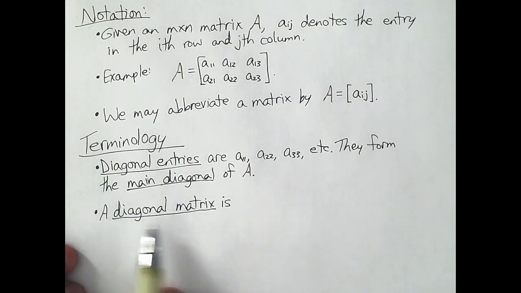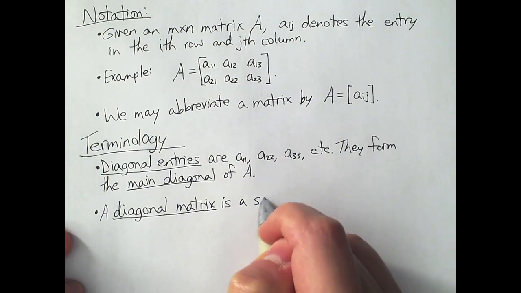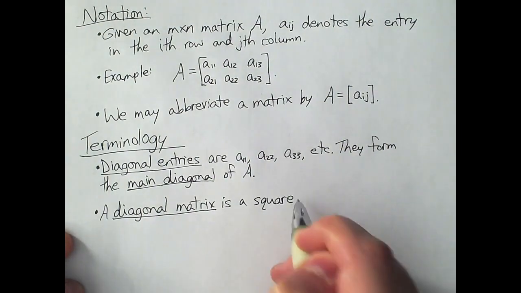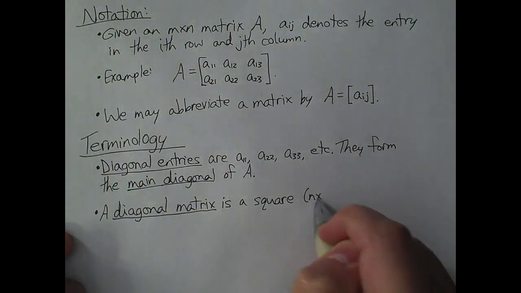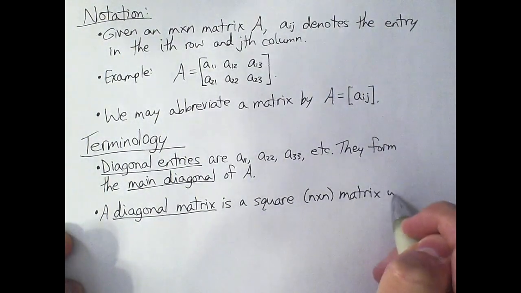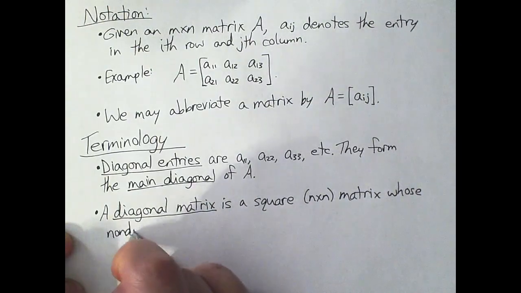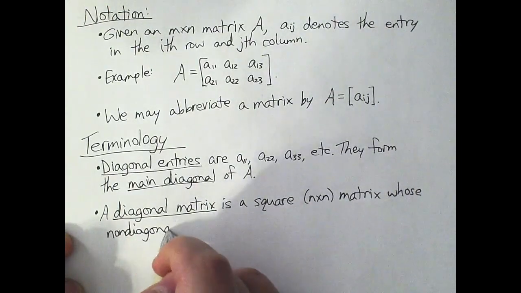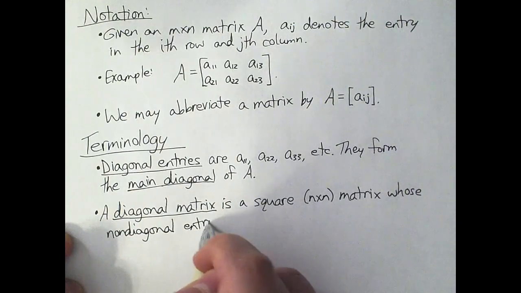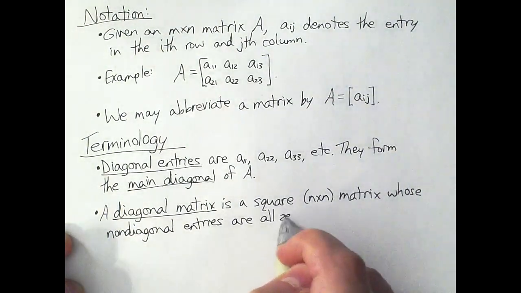So what would a diagonal matrix be? It's going to be a square, in other words, an n by n matrix whose non-diagonal entries are all 0.